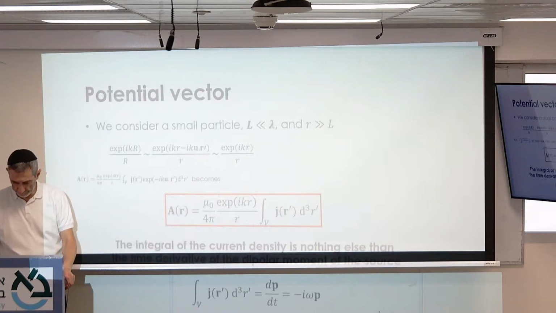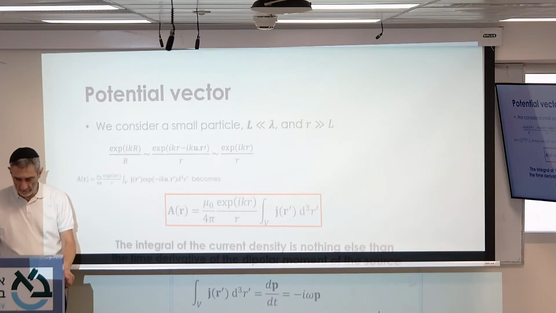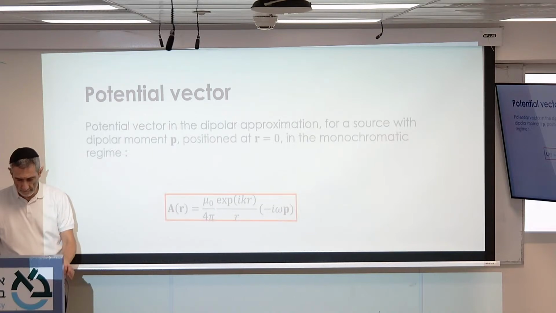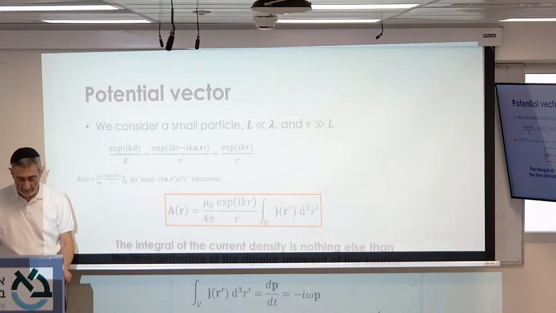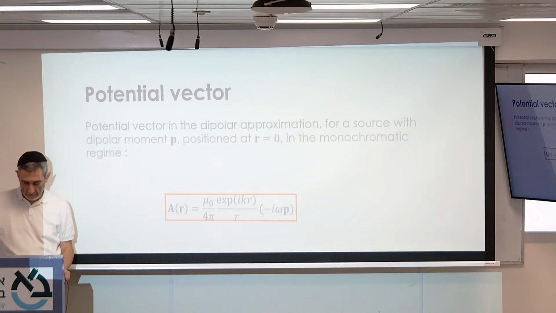Okay, so I just replace in the same expression for A, for the retarded potential, the integral by the derivative of P, minus i omega P for a monochromatic wave.